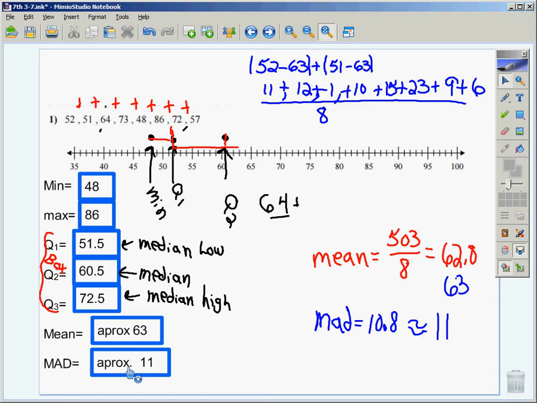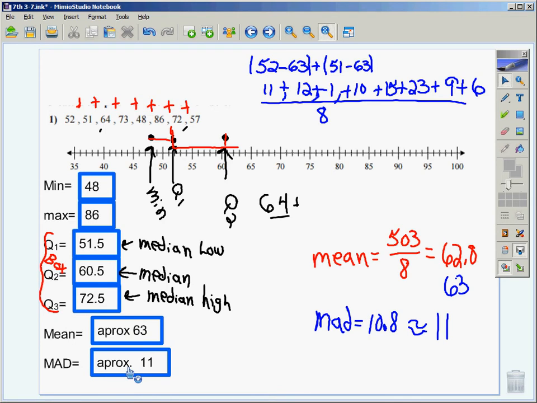So, a little review to go back and make the box and whisker plots, as well as a review from Thursday and Friday about the mean and the MAD. The min is how we find the smallest number, and the max is the highest. This is the small, this is the high. And then Q1, Q2, Q3 is just the middle. Those are the medians.